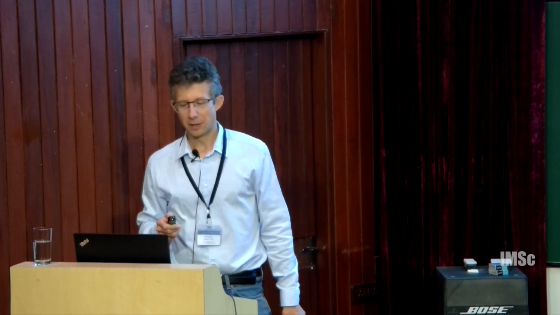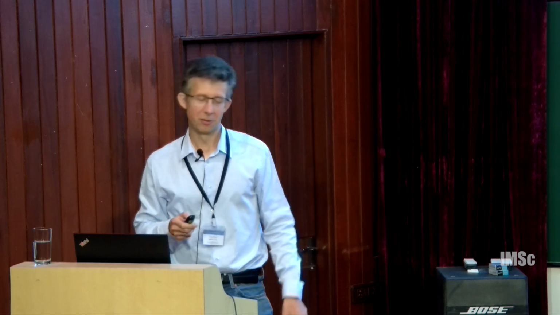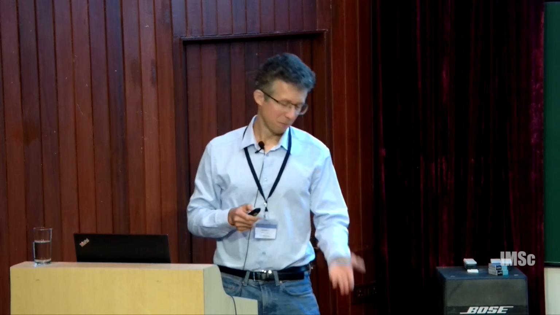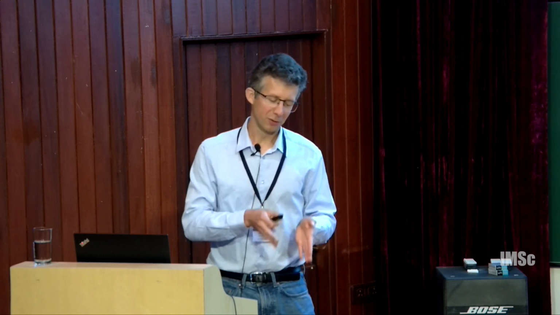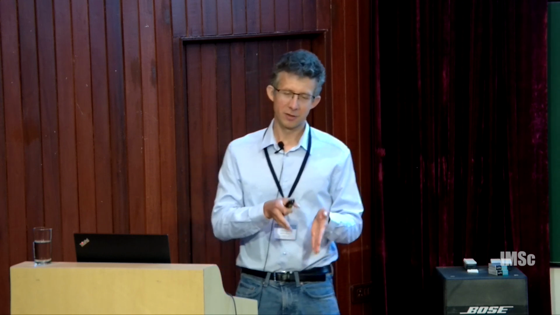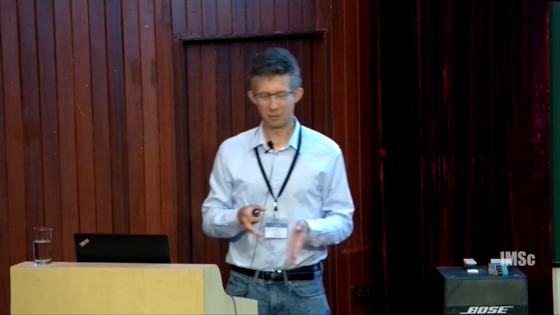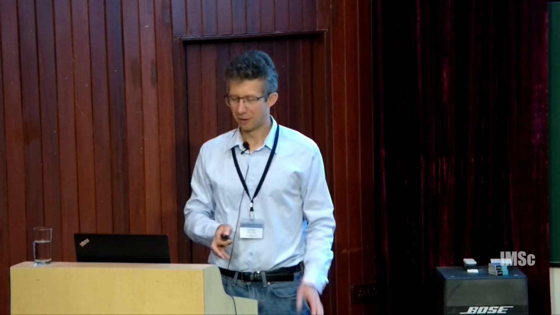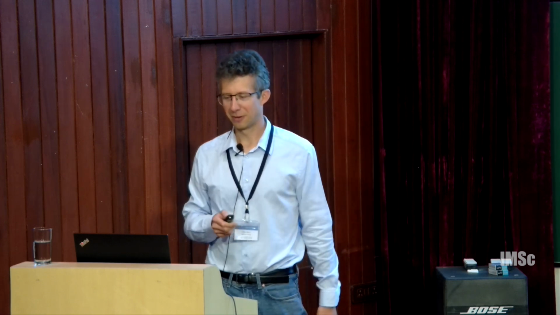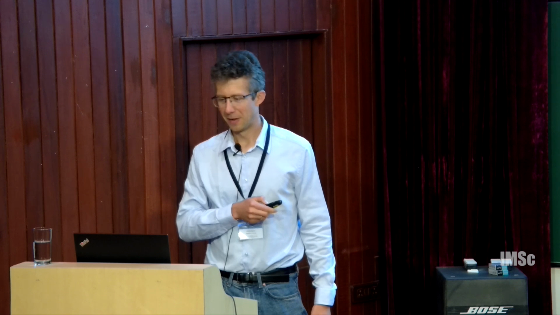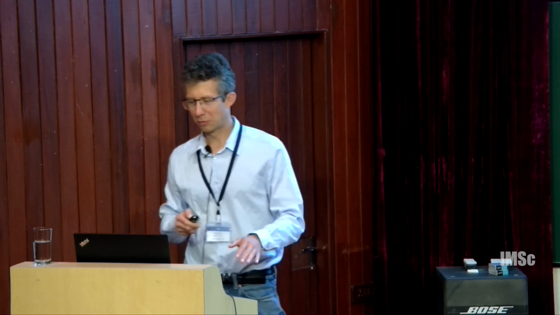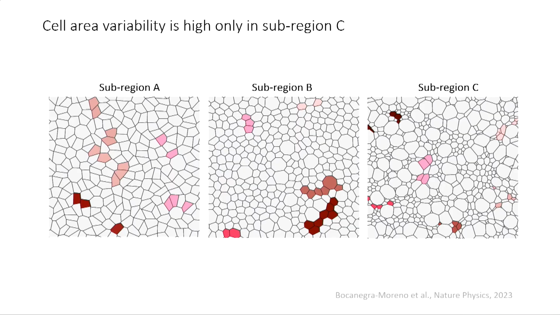That motivated us to also try to live image cells in this neural epithelium, and to some extent Laura managed to do it. I will show that movie later on. But what I want to highlight here is that you indeed have this high cell area variability in the region C.